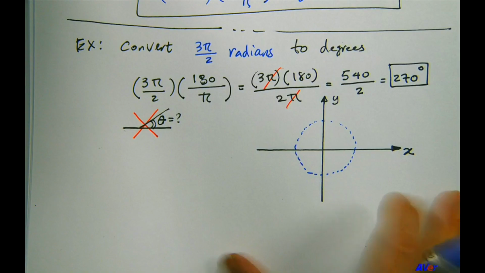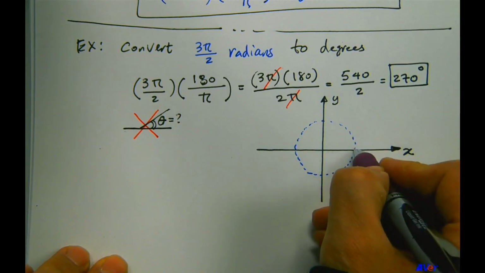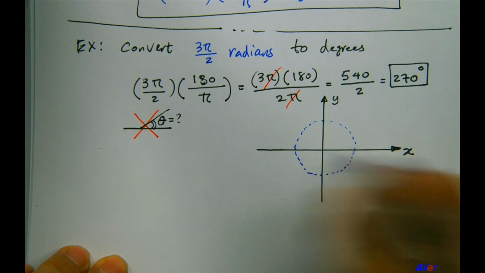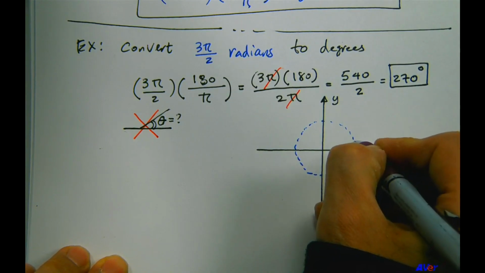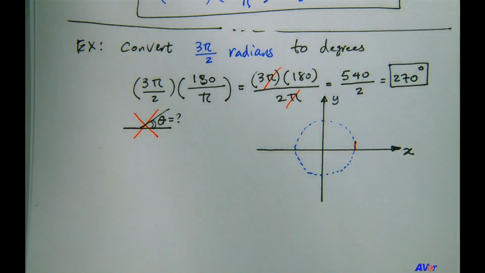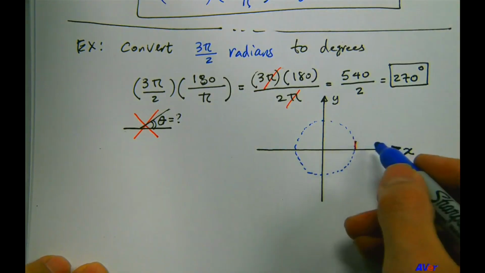Something like this. I'm sure a computer would do a much better job than this. But suppose this is some circle, and then this 270 degrees refers to an angle that starts from the positive x-axis side and goes all the way. So actually, let me use one of my thicker markers here. I think it'll show better on the projector screen.